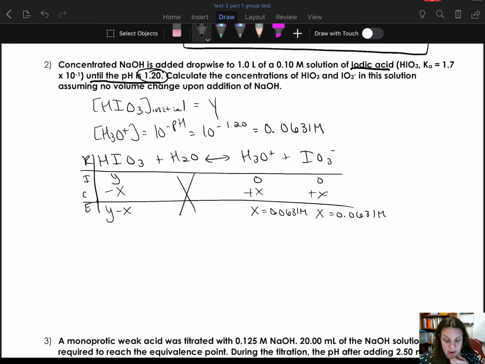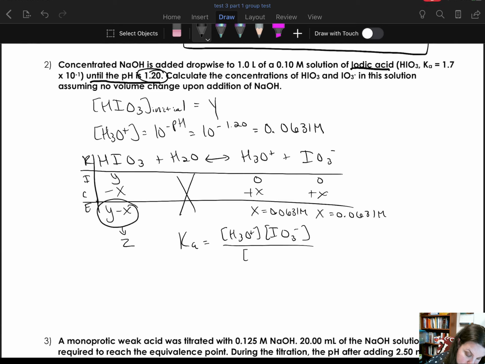Now, I am going to call that concentration Z, just to keep everything in line, because I don't actually care about the initial concentration. I only care about the equilibrium concentration. So I'm going to put this into my Ka expression, where Ka is equal to H3O plus concentration times IO3 minus concentration over HIO3 concentration. So my Ka here is 1.7 times 10 to the negative 1.